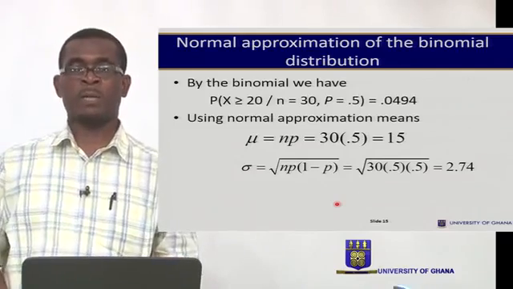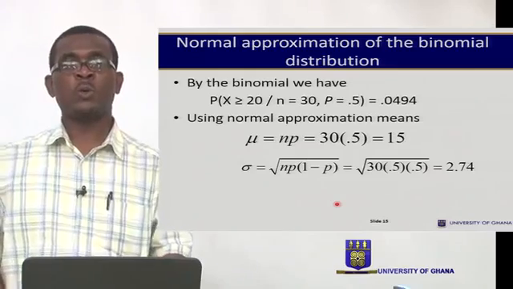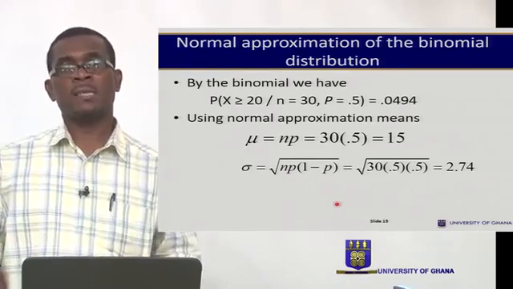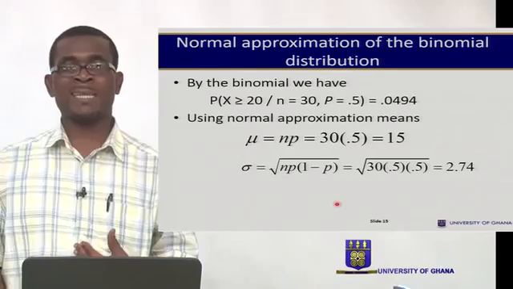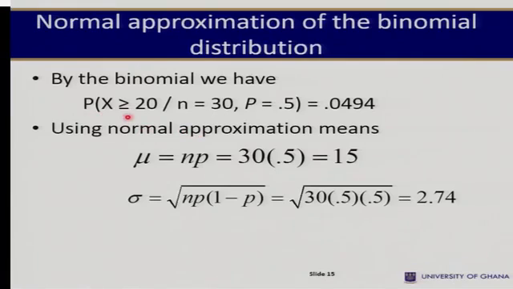Because that's a binomial. Heads or tails, success and failure. So since our success is heads, the probability of a head P is 0.5. We know that. So we want to find the probability of the heads being greater than or equal to 20, given that the coin is tossed 30 times and the probability of head is 0.5.